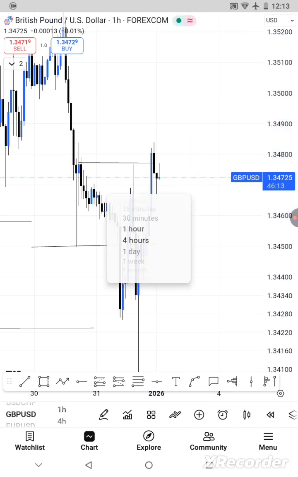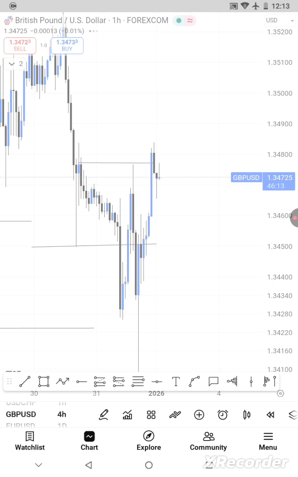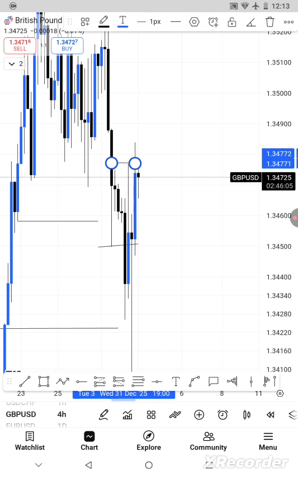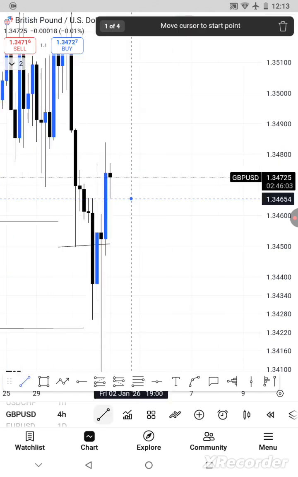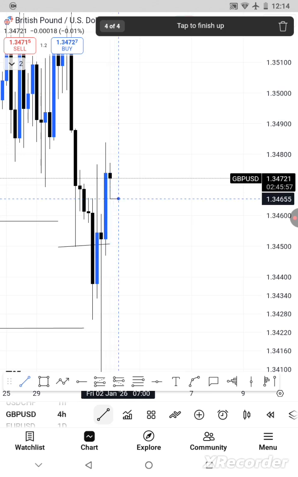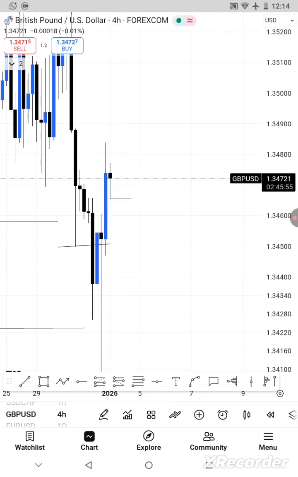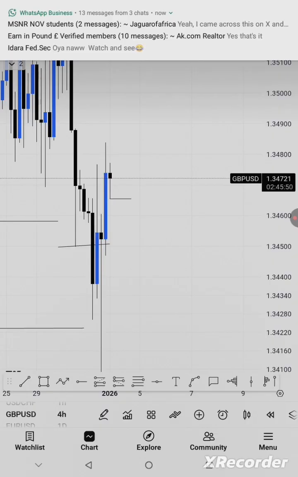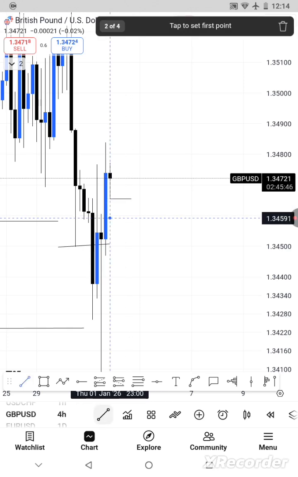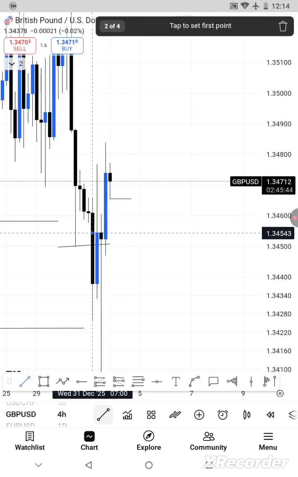On the 4-hour time frame right now, this candle can close a bit like this. If this 4-hour candle closes bearish like this, then we can expect this level to hold.